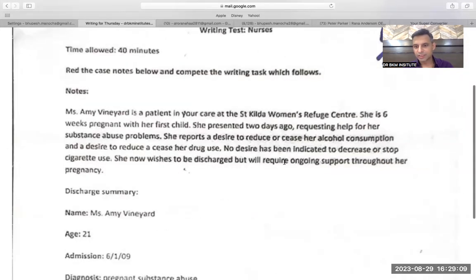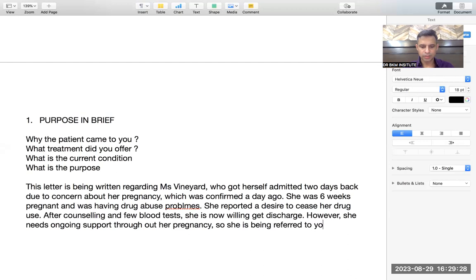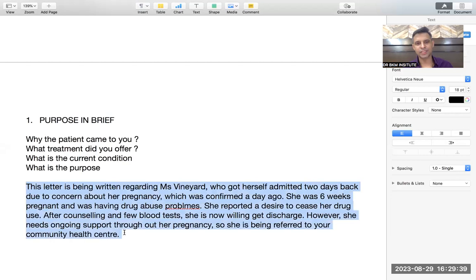Main point, she needs ongoing support throughout her pregnancy. So she is being referred to your community health center. So now my purpose is all complete. The first paragraph of OET is complete.